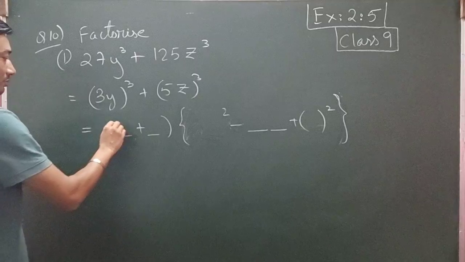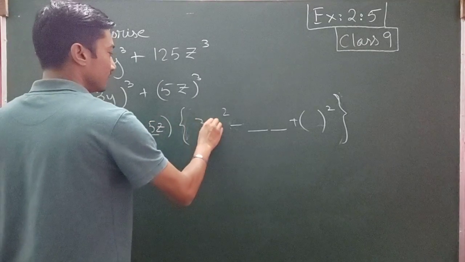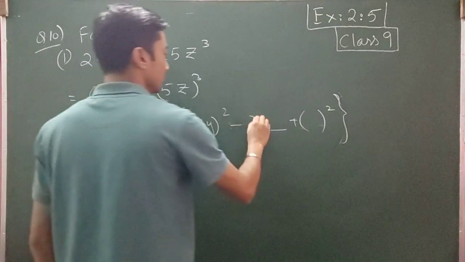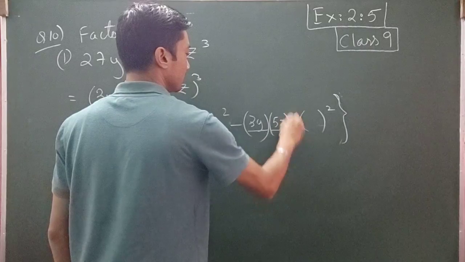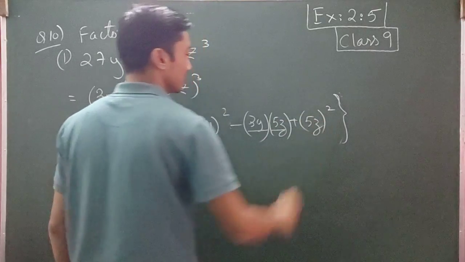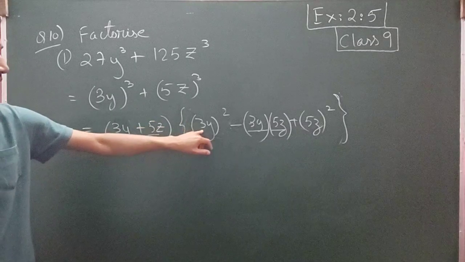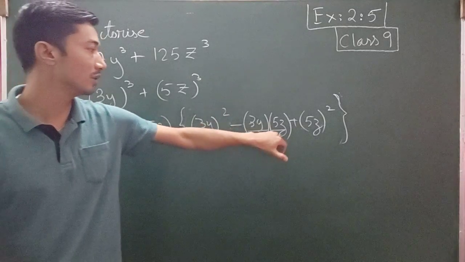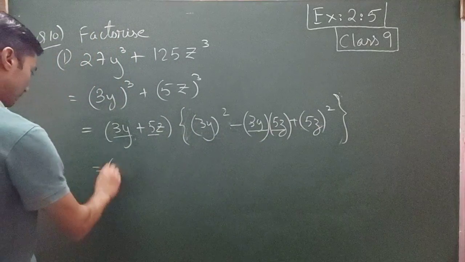So what are the terms? 3y, 5z. x plus y into x square minus x into y plus y square. This was the identity. So let's solve this now.